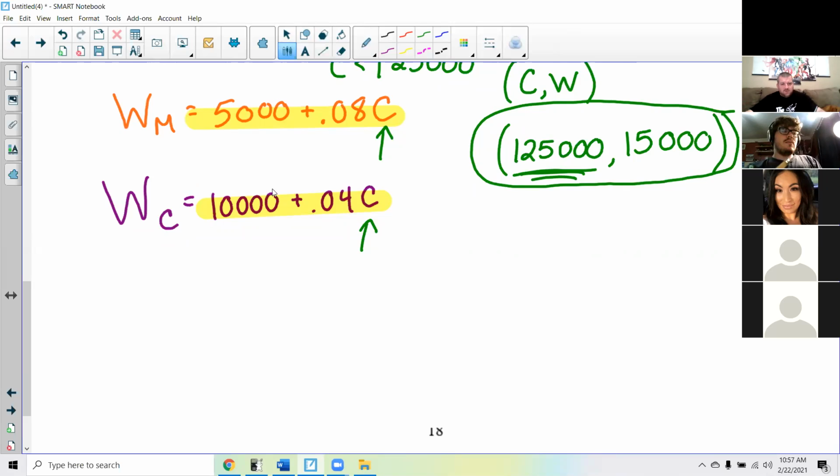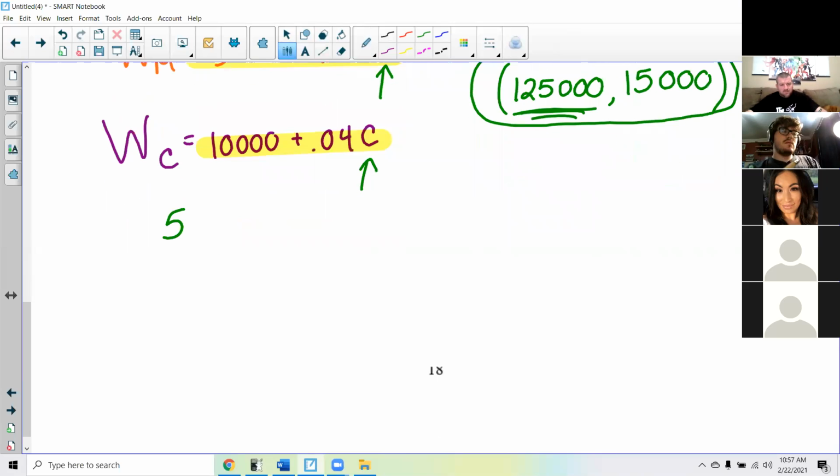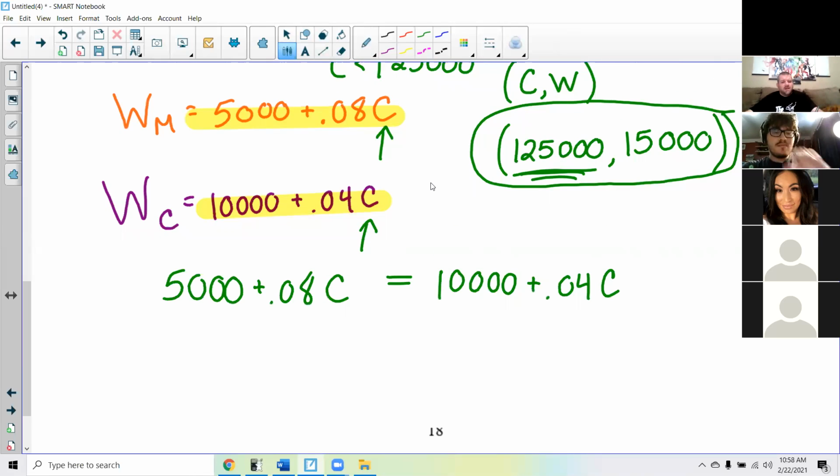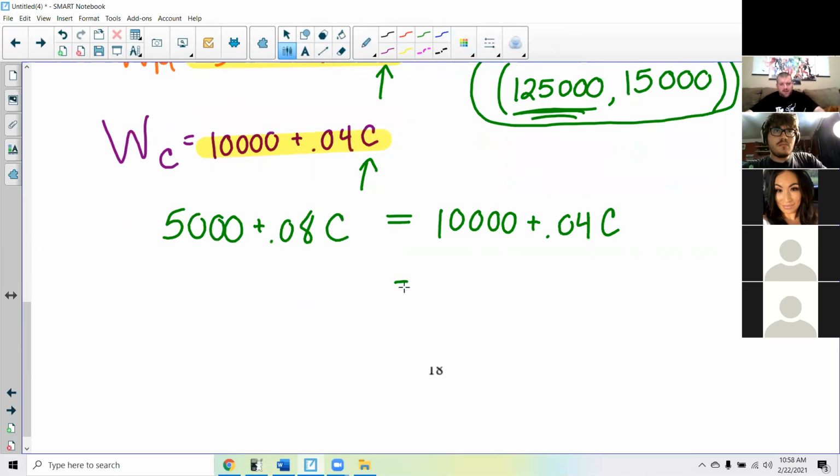So I'm going to take this wage, which is 5,000 plus 0.08C, and the other wage equation, which is 10,000 plus 0.04C, and I want to know when these things are equal. You're just setting this equation equal to that equation, and when you solve, that's where I got C equals 125,000.